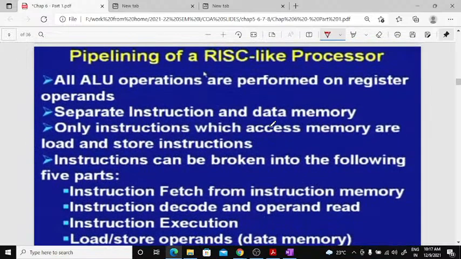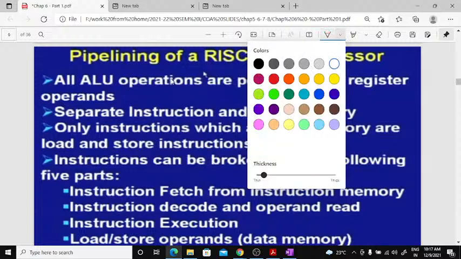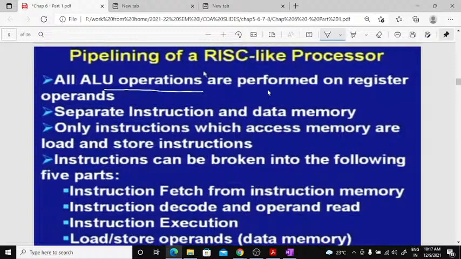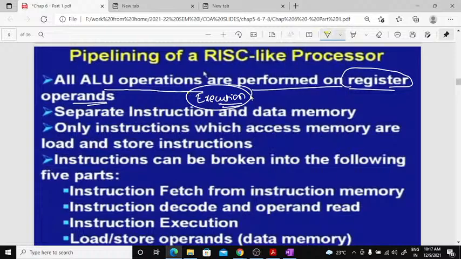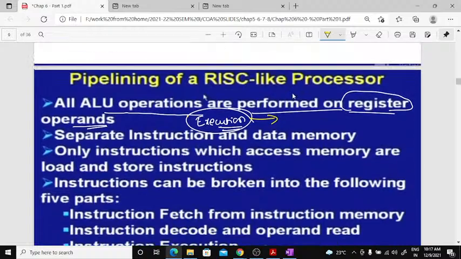Here all the ALU operations are performed on register operands. ALU means the execution stage. In the execution stage, the ALU operation is performed on register operands.